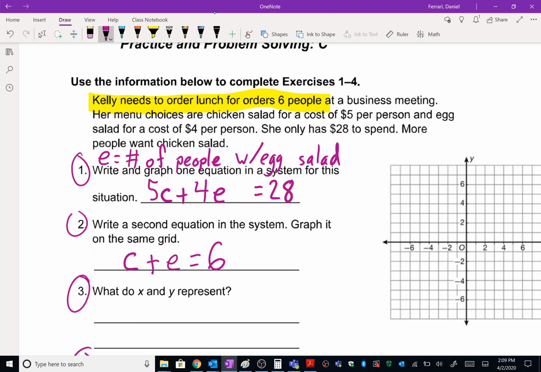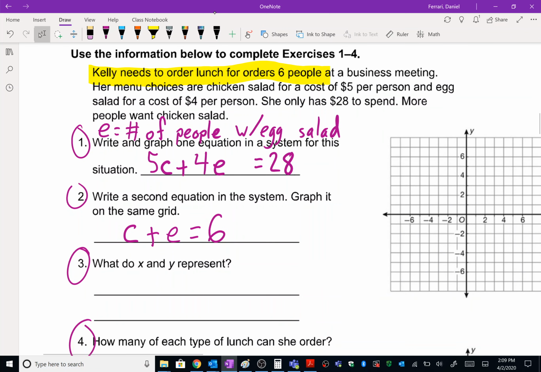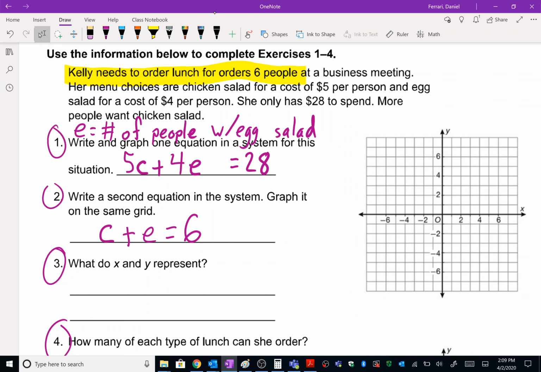Okay, so in this case, it looks like this problem wants us to use x and y for our variables, and that's fine. We can totally do that. Now, in this case, it didn't specify which one is which, so we actually get to choose. Just because I like it a little more, I'm going to say that y is the chicken salad, so we're going to treat C as our variable for y.